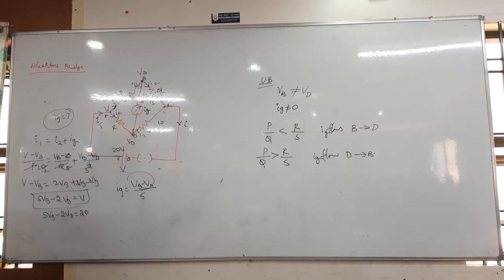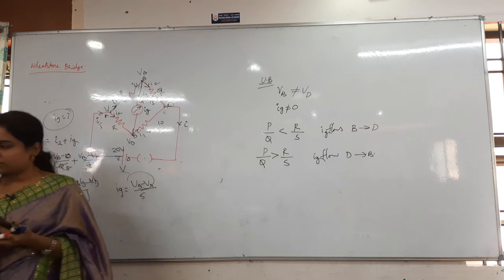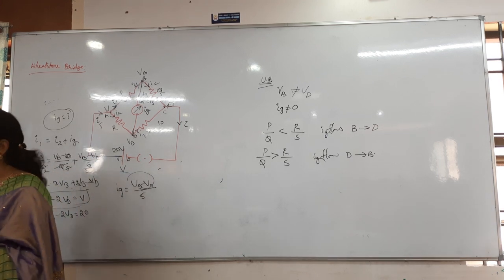In unbalanced condition, to get the equivalent resistance, just write R equivalent equals sum of all resistors divided by number of resistors, that is 5 in bracket 5.